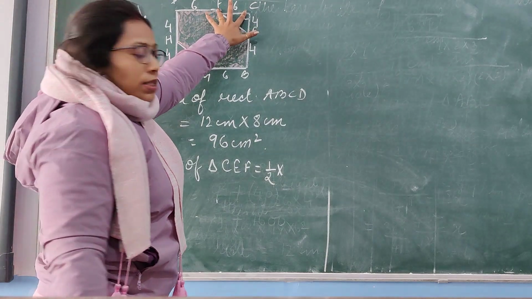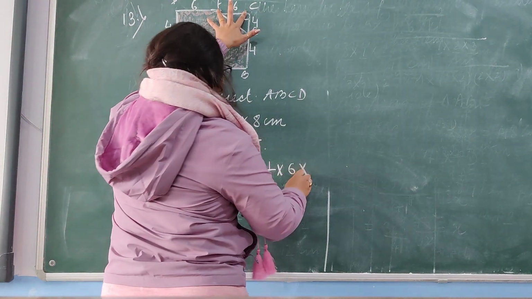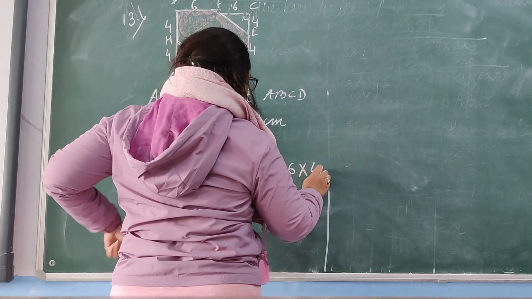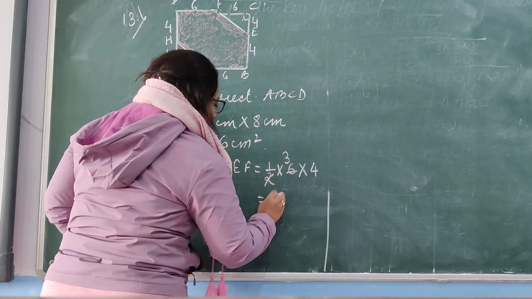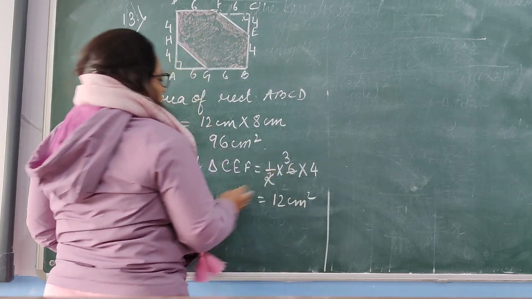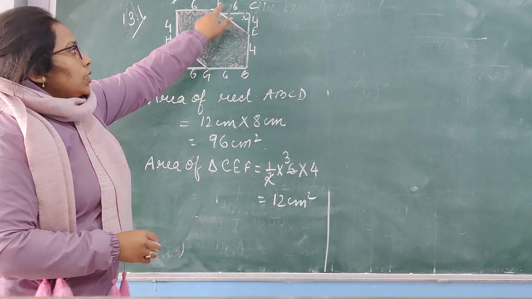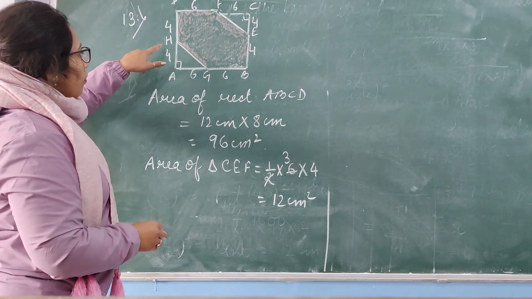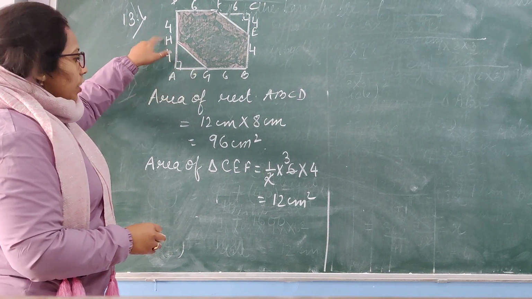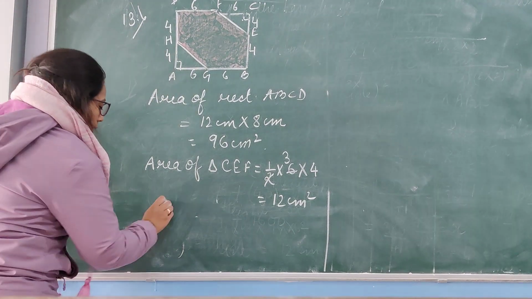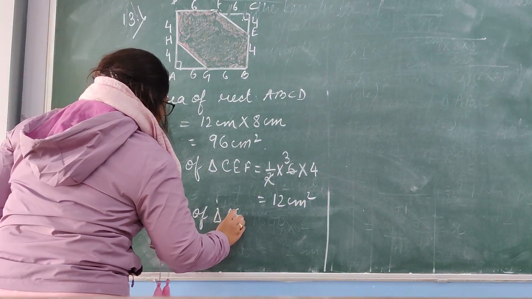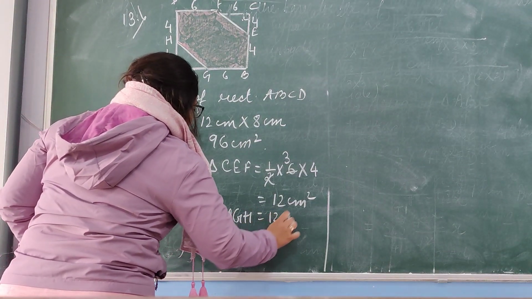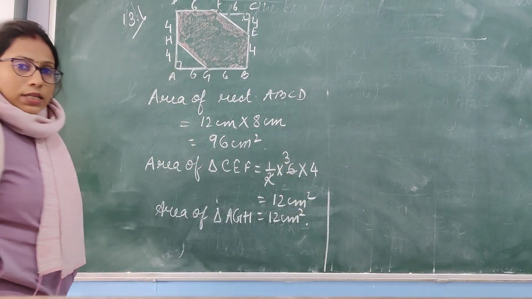Base will be CF, that is 6 centimeter, and height will be 4 centimeter. So we can write 12 centimeter square as the area of CEF, and as you can see, the area of triangle CEF and the area of triangle AGH will be the same. So the area of triangle AGH will also be 12 centimeter square.